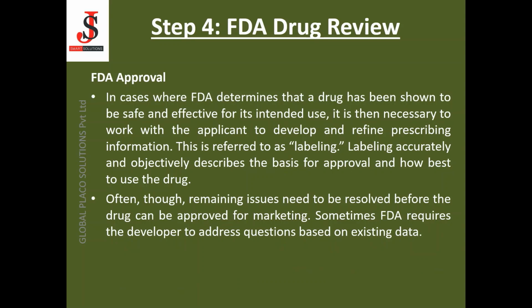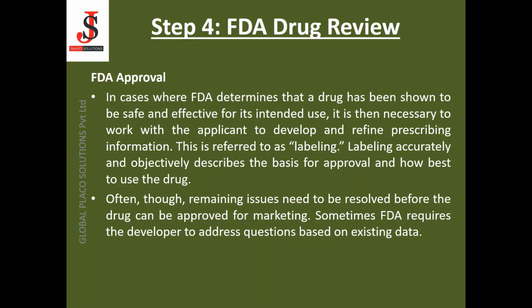So finally, FDA approval. In cases where FDA determines that the drug has been shown to be safe and effective for its intended use, it is then necessary to work with the applicant to develop and refine prescribing information. This is referred to as labeling. So there will be a separate video on labeling, what the requirements for labeling are and how it is done.